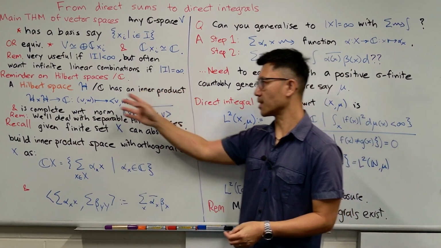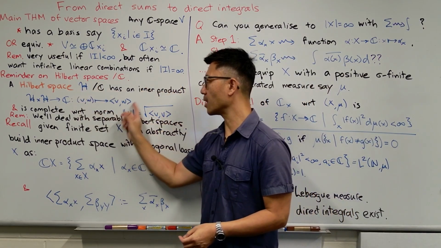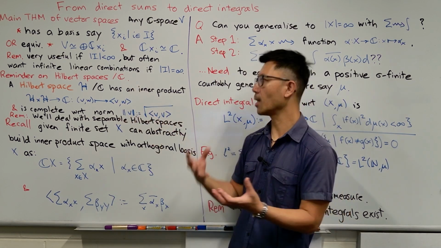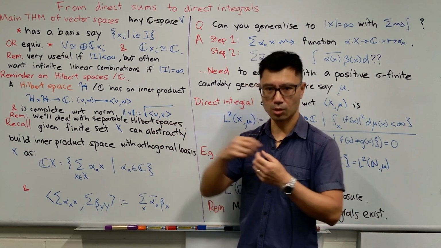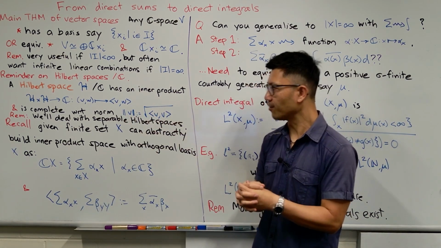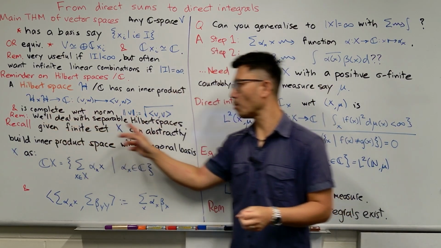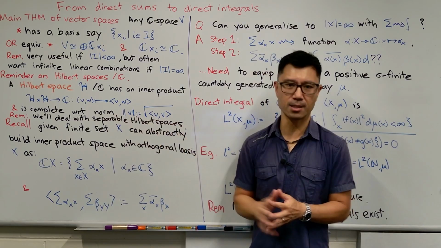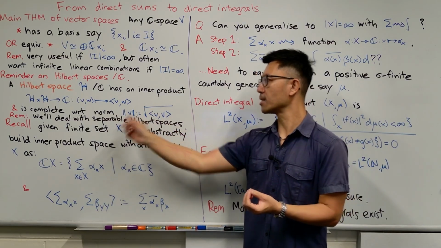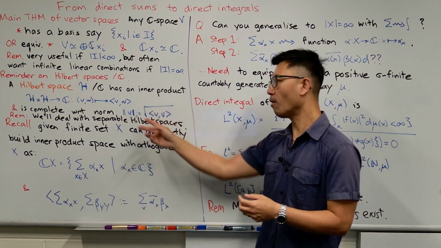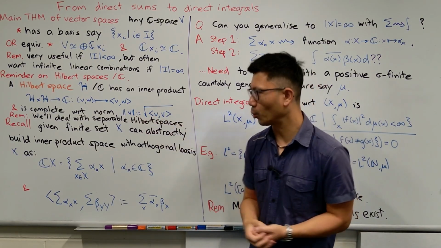So a Hilbert space has this extra data of this inner product, and this inner product gives you this norm and hence this topology, and you can talk about completion, and so you can talk about infinite sums. Okay, well, in this playlist, we'll mainly deal with separable Hilbert spaces. So just to remind you, if you've forgotten, separable means that it has a countable basis, although often that's not the basis that one wants to work with.